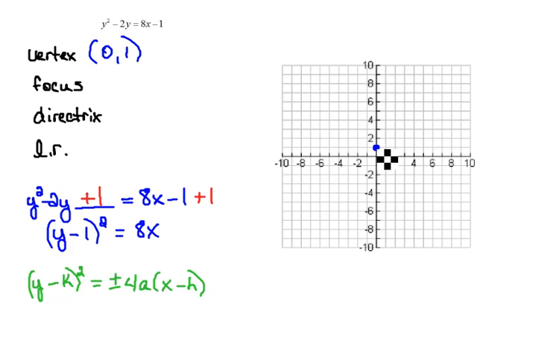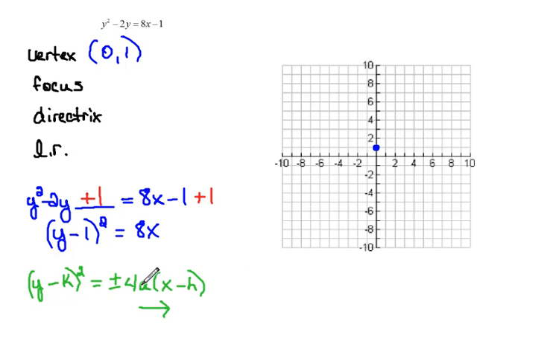I'm going to go ahead and plot that as we go. Now remember, since the y is squared, that's telling us that this thing is going to open either to the left or to the right. Because this is positive here in this 4a position, that tells us that it's going to open to the right. So since this opens to the right, picture that in your head, going this way, that tells us where we're going to put our focus.